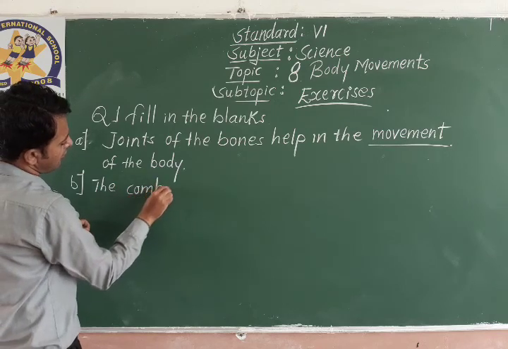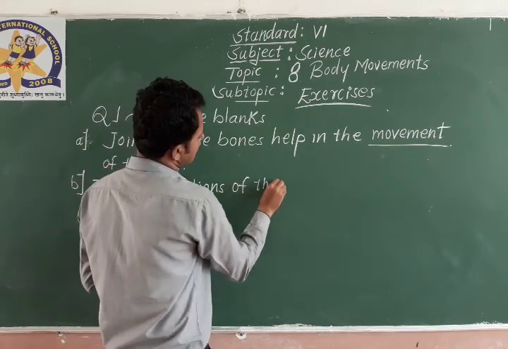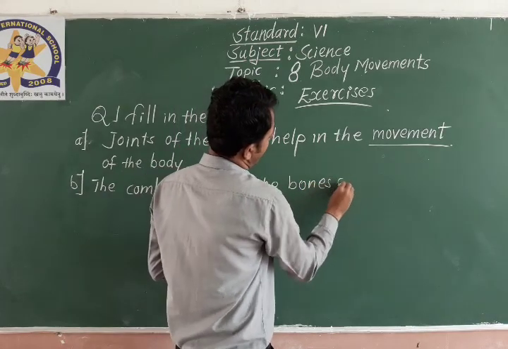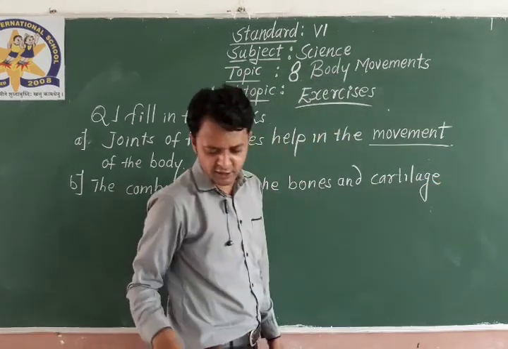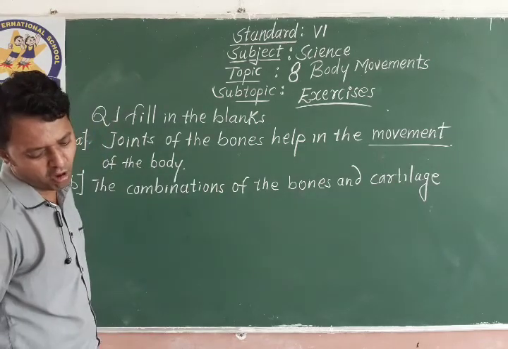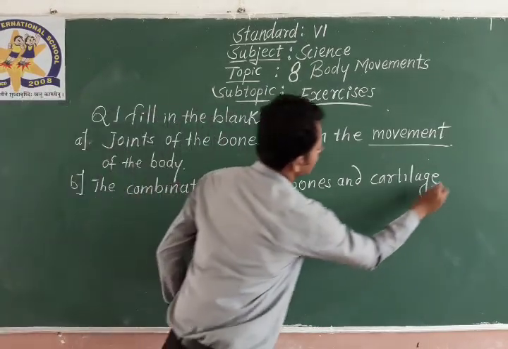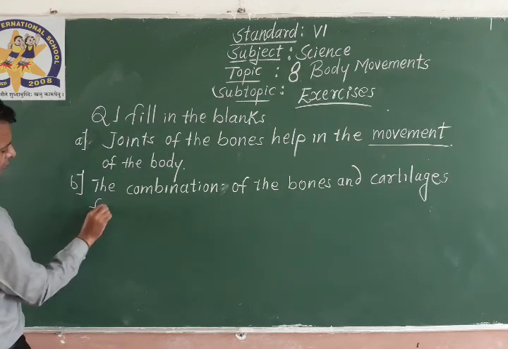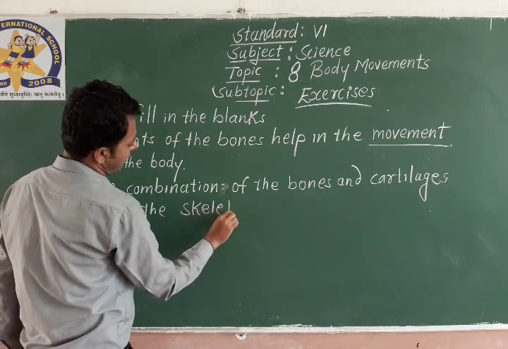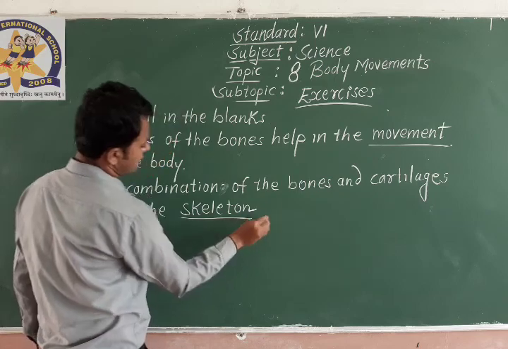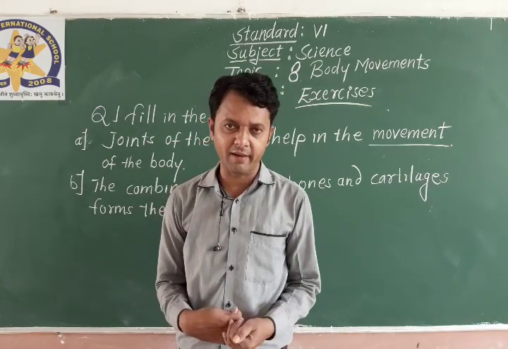The combination of bones and cartilage forms what? The answer is skeleton, right?